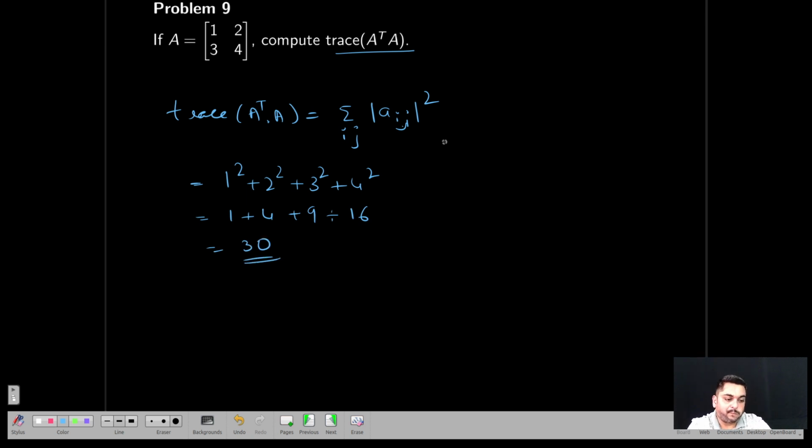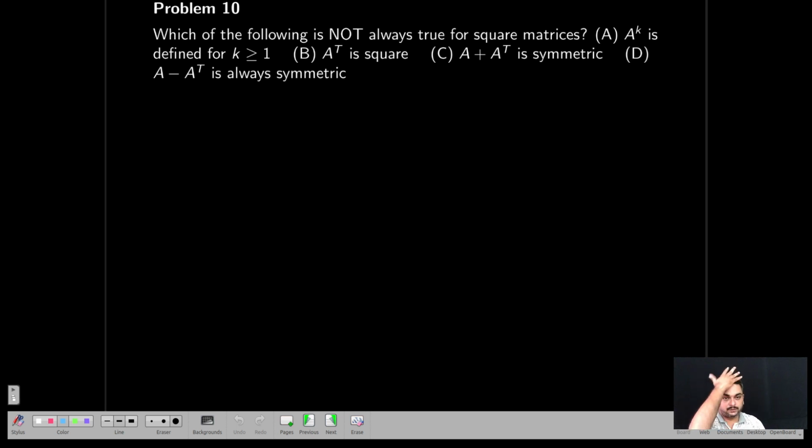Next, which of the following is not always true for square matrices? A power k is defined for k greater than or equal to 1, right? Can find the product of matrices when k is greater than or equal to 1. They are not saying k is less than 0, then negative is different.